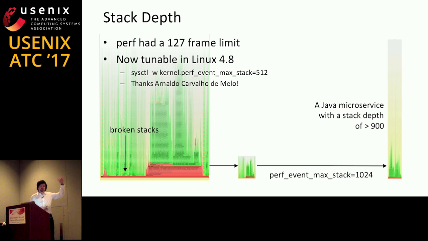The flame graphs are really crazily tall, and that's kind of a sign that maybe something else is wrong, but at least we get to see the full flame graph. The problem is if you have truncated stacks, the flame graph doesn't know how to assemble it together. And so on the left is a picture of a broken flame graph where you just have all these detached thin towers, which are supposed to be part of the main tower. So those are a few challenges with the stack walking.